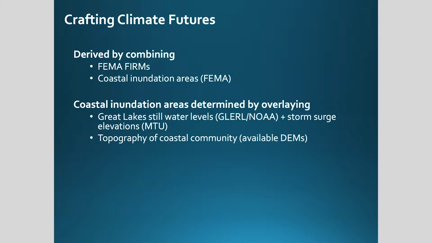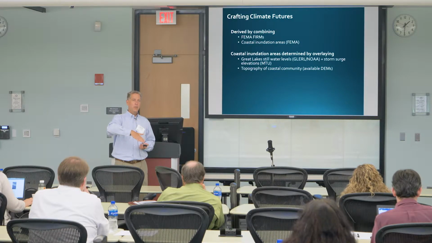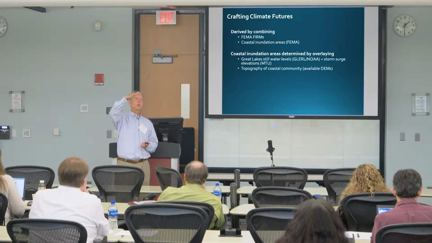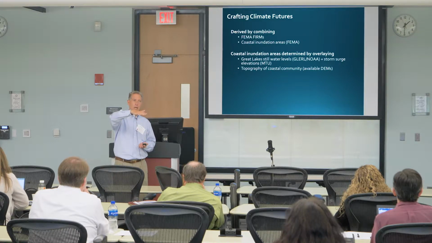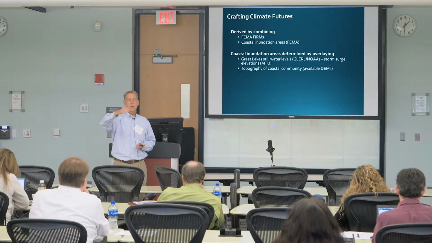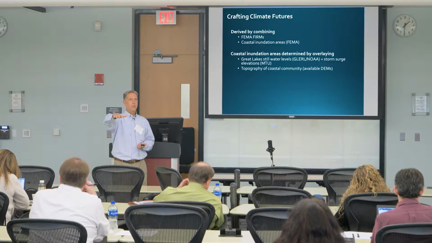What we're heading toward is mapping the land area that's subject to flooding or high energy waves. The way you get there is to figure out what's the elevation that the water could reach. If you take a FEMA floodplain map, which gives you an elevation during storminess, and then you add on Guy's wave run-up, now you've got a pretty good guesstimate of where wave energy could reach during a high intensity storm. Does that make sense?